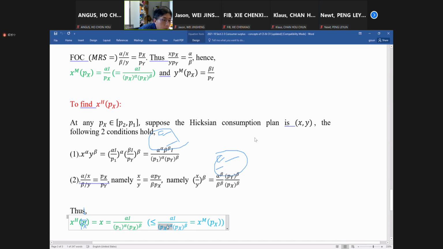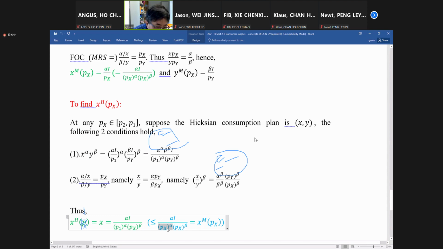That's the only difference. But px is some price below P1 and above P2. So this number is always larger than this number, except at the original level P1, where they're the same.